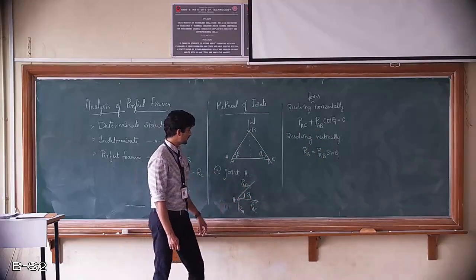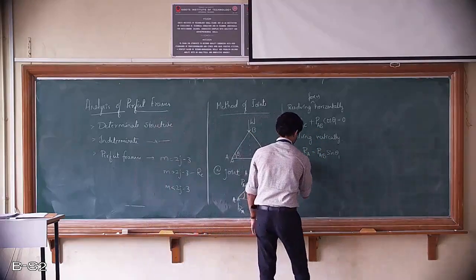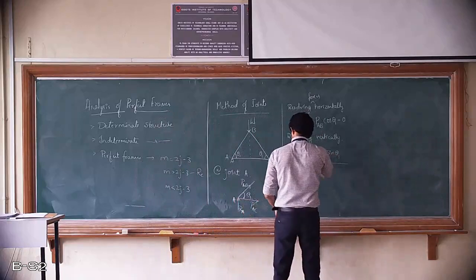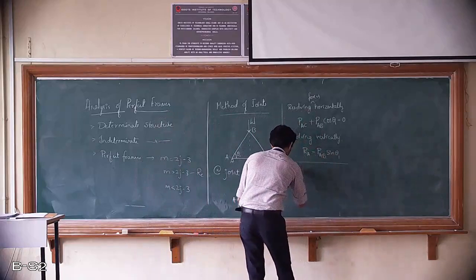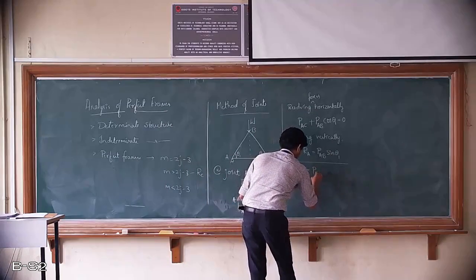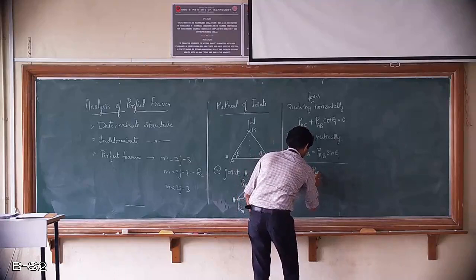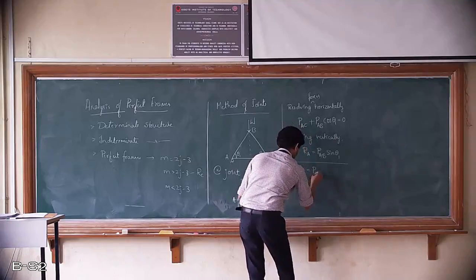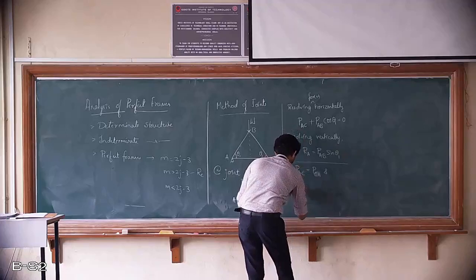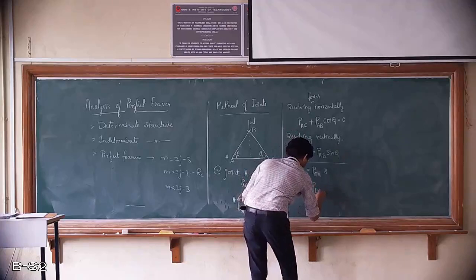Now based on this, instead of resolving again at joint C, we can say PAC is equal to PCA, and PAB is equal to PBA.